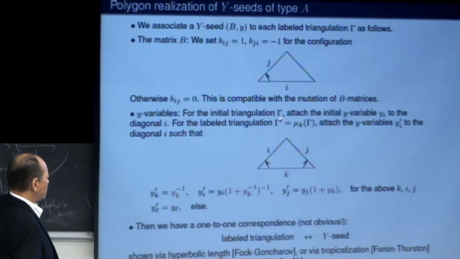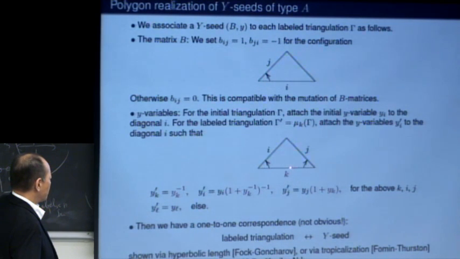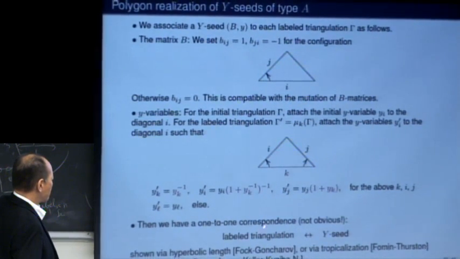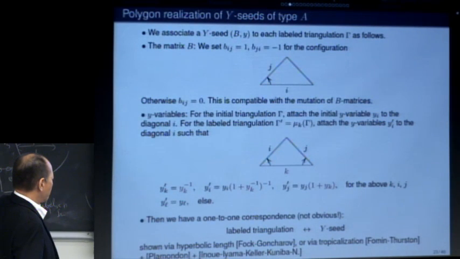For the initial triangulation, attach the initial Y variable yi to the diagonal i. For the labeled triangulation obtained by mutation, by a flip at k, we attach the Y variables by the ordinary mutation rule. In this way, you can attach a new Y seed to each labeled triangulation.